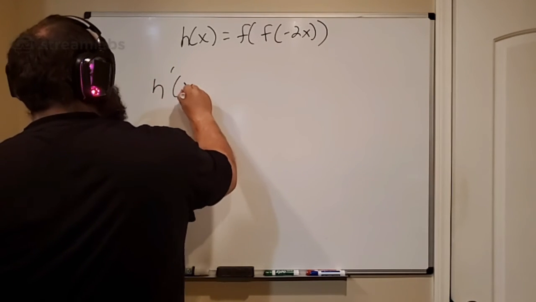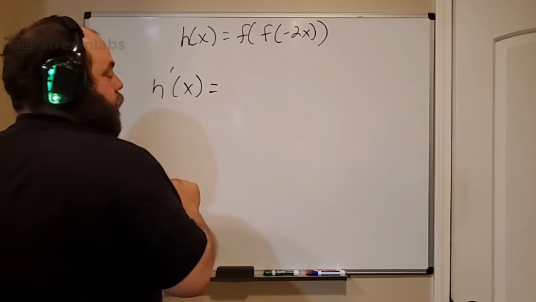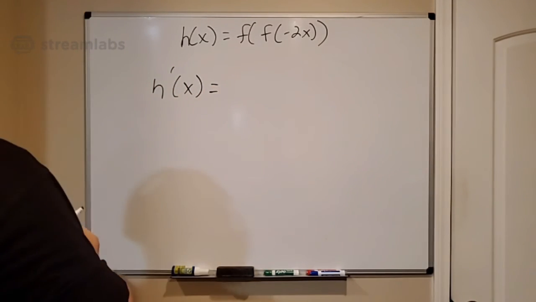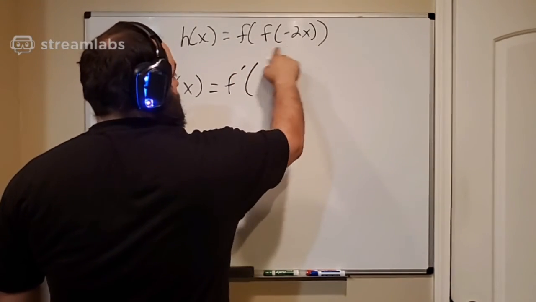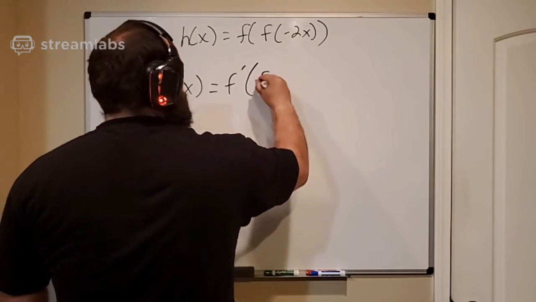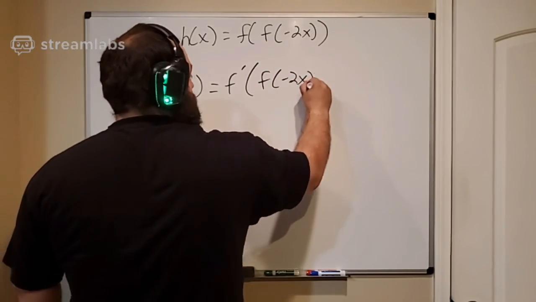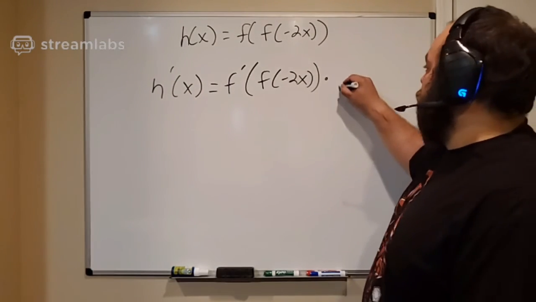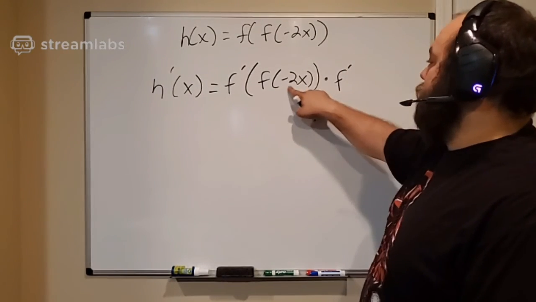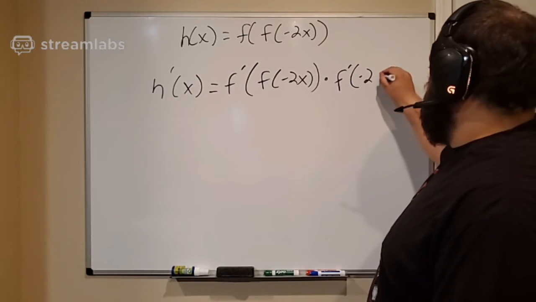The first function is f, so I take the derivative of that, so it's f prime. Leave the inside alone, so leave the f of negative 2x alone. Then my next function is again f, so f prime. Leave the inside, which is the negative 2x, alone, and then times the very last derivative of the inside, which is negative 2.